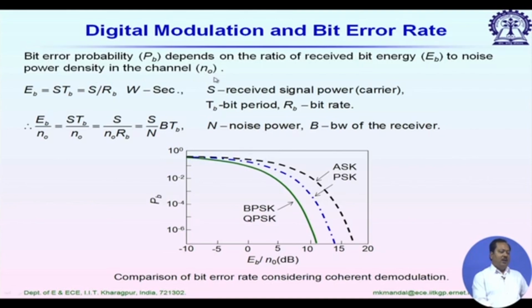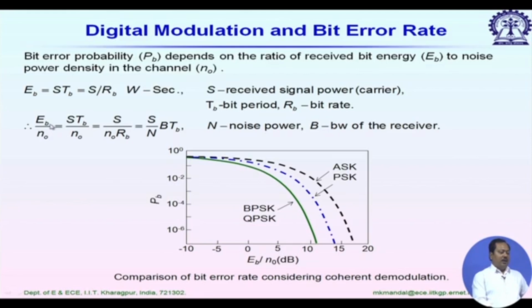So, Eb, which is bit energy, is then S times Tb. S is the received signal power. This is for the carrier in general, or we can represent it in terms of bit rate. Let us say Rb is the bit rate, then Eb is simply S by Rb. This is in watt-second units.